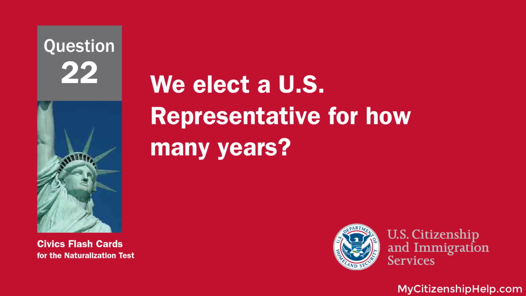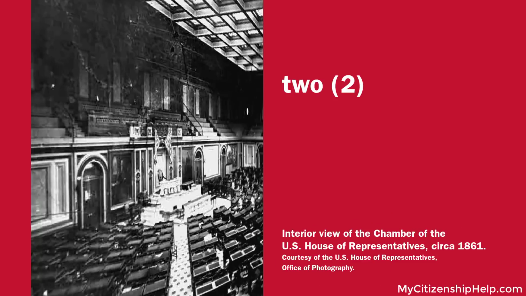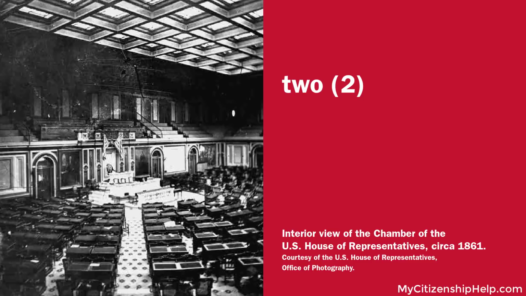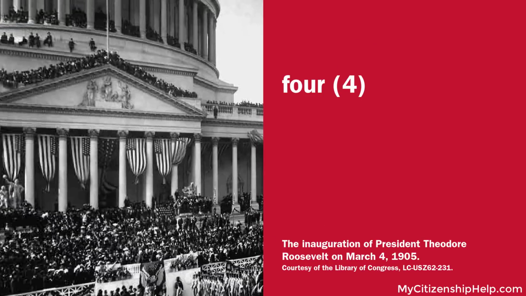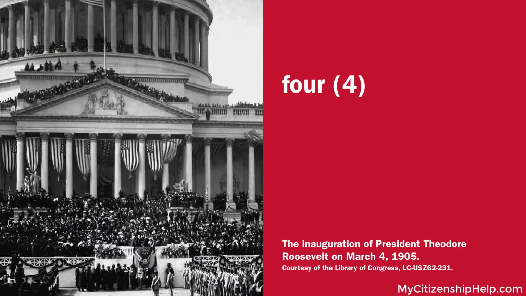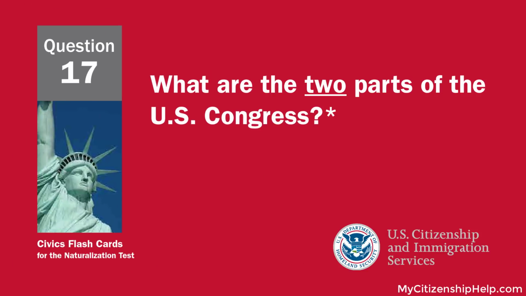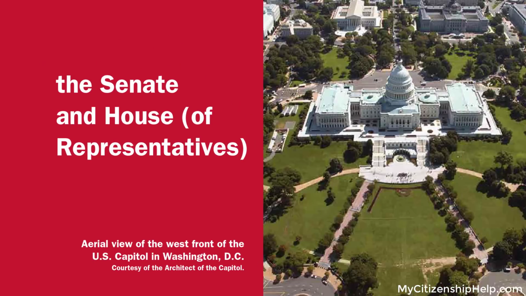We elect a U.S. representative for how many years? 2. We elect a president for how many years? 4. What are the two parts of the U.S. Congress? The Senate and House of Representatives.